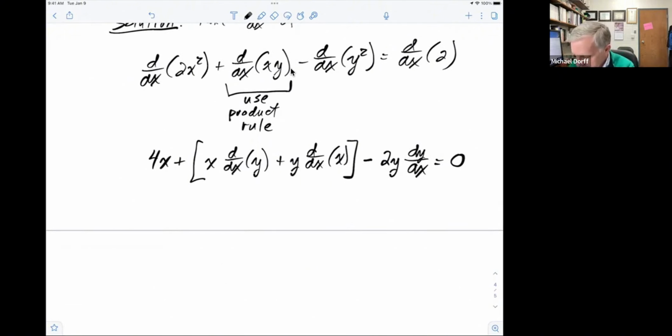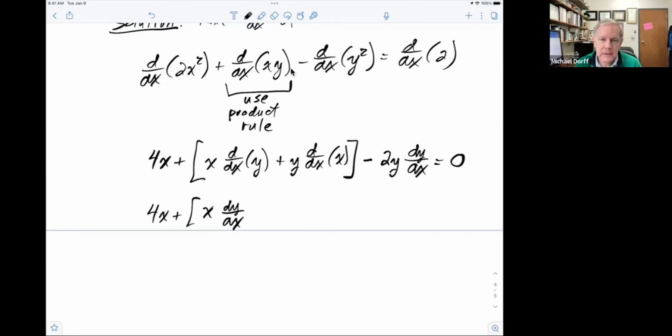Now, finishing the product rule here, we're going to have x. Now I do d/dx of y. Well, what's the derivative of just one variable? It's going to be a 1. So I got my x here. It's going to be a dy/dx. The derivative of y is going to be just 1.